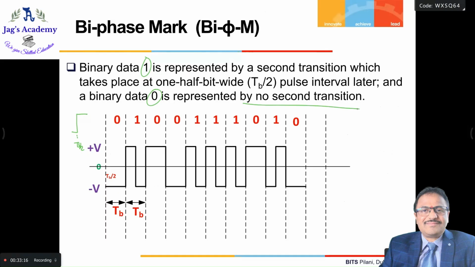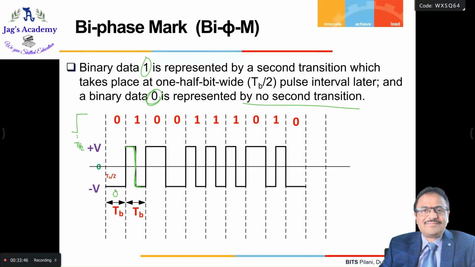It's very simple to understand. Whenever 0 comes, you will not have a pulse like this; that's called the second transition. A binary 0 is represented by no second transition. The transition is there, but no second transition.